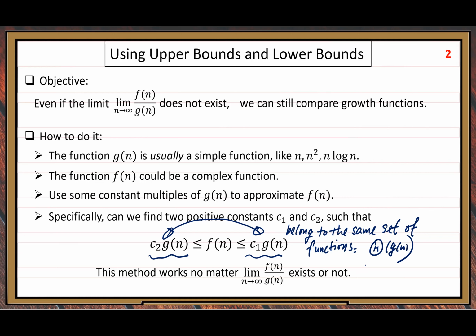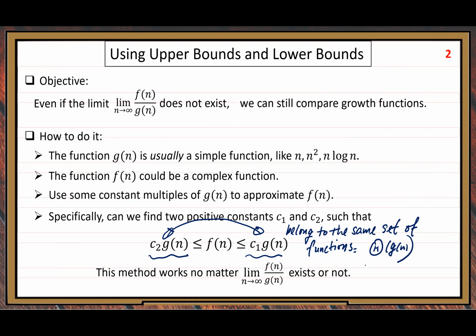This method works no matter whether the limit of those two functions exists or not. Even if the limit exists, this method also works. But the good thing about this method is that when the limit method does not work, we can still use this inequality way.